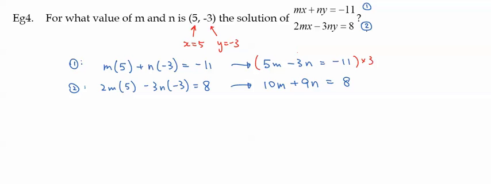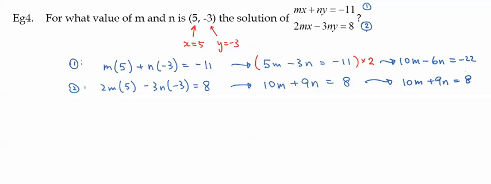But once again, it will make the numbers bigger. So I will go with this. Times it by 2, that will give us 10m minus 6n equals negative 22. And it is going to match with the 10m in the second equation.